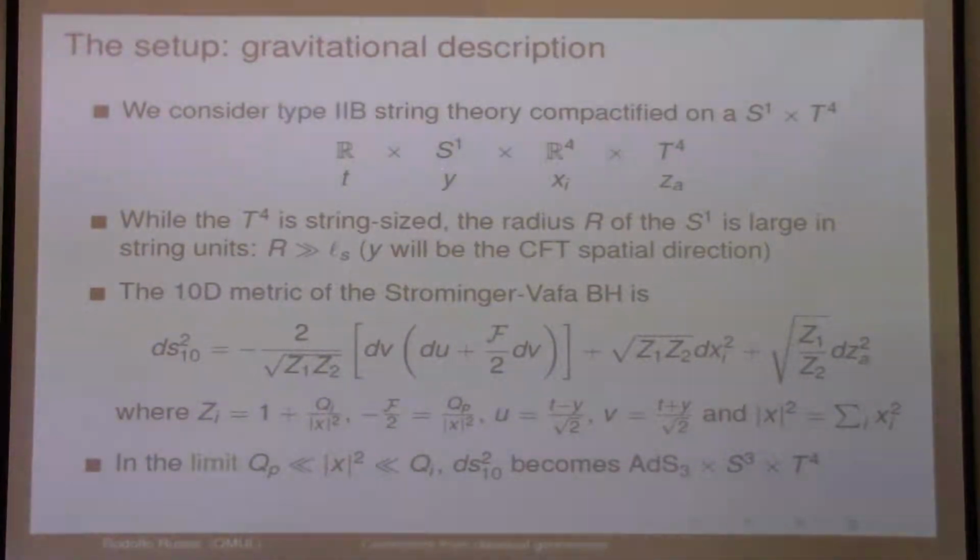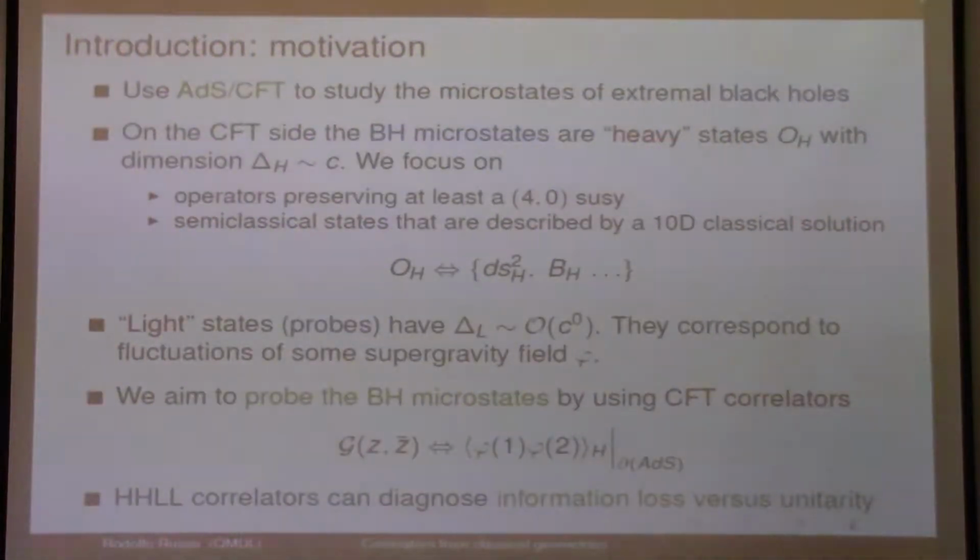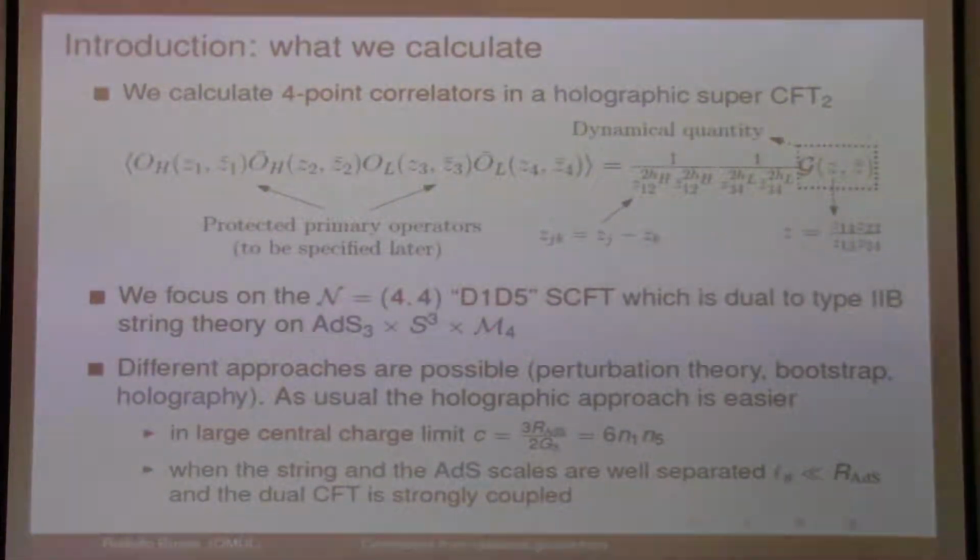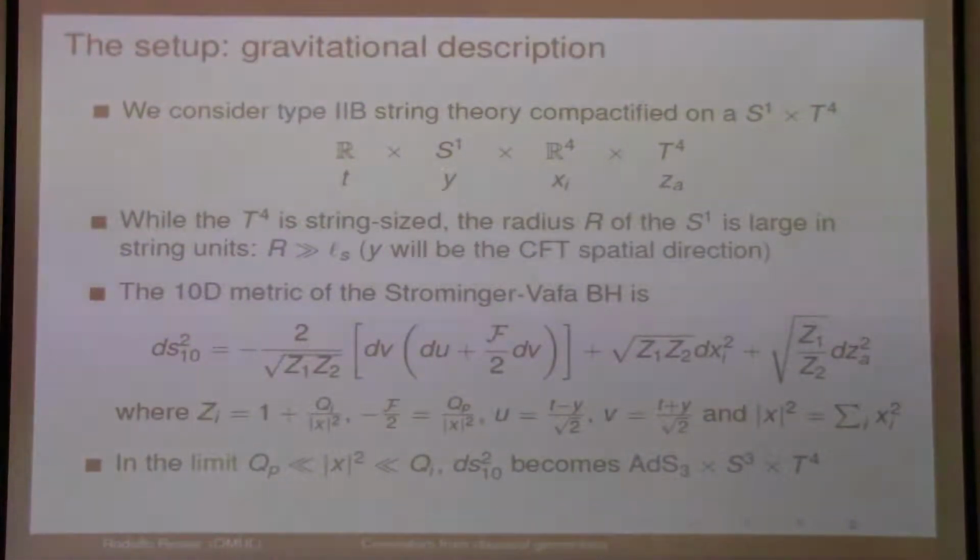Okay, so the setup from the bulk point of view, as I said, is type 2B string theory. Now, for concreteness, let me focus on the case where the compact space, this M that I was discussing here, is just T4. And initially, we have an extra compact direction, I call it S1, different from this T4, because this is, if you wish, the spatial direction of the CFT. So the dual 1 plus 1 dimensional CFT will live in time and on this S1.